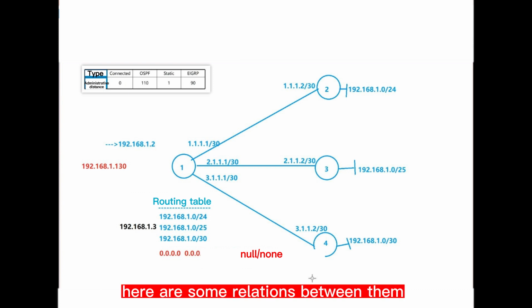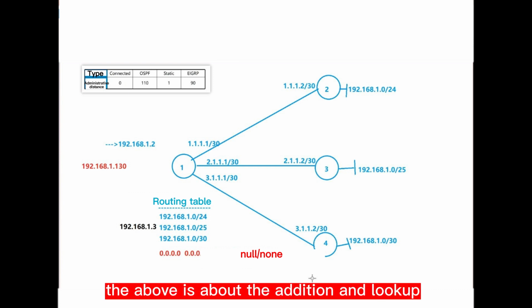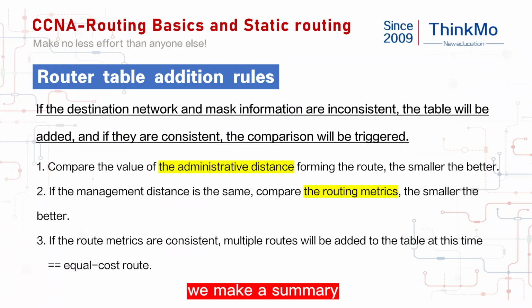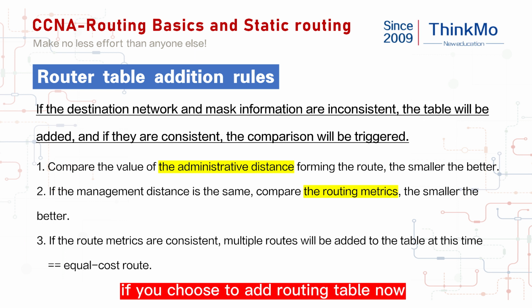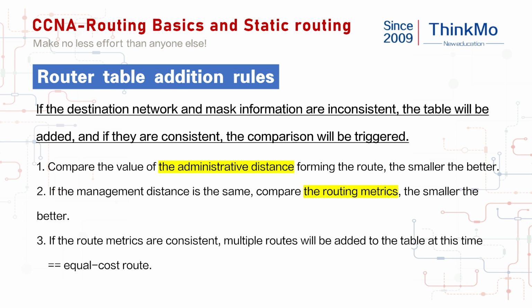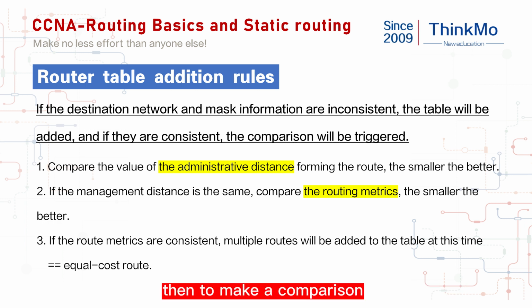Here are some relations between them. The above is about the addition and lookup of routing tables. We make a summary. For routing, when multiple routes want to appear in the routing table, a comparison is made to confirm which final route can appear in the routing table.